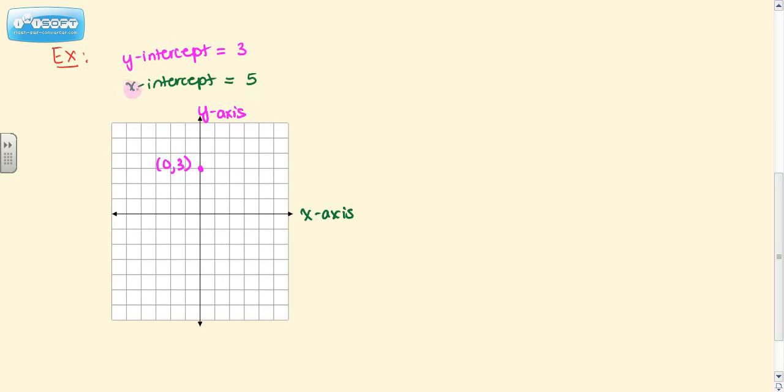Then I know that there's an x-intercept, so my line crosses the x-axis when x is 5. 1, 2, 3, 4, 5. So this point here is (5, 0). So my line, therefore, has to cross both points.